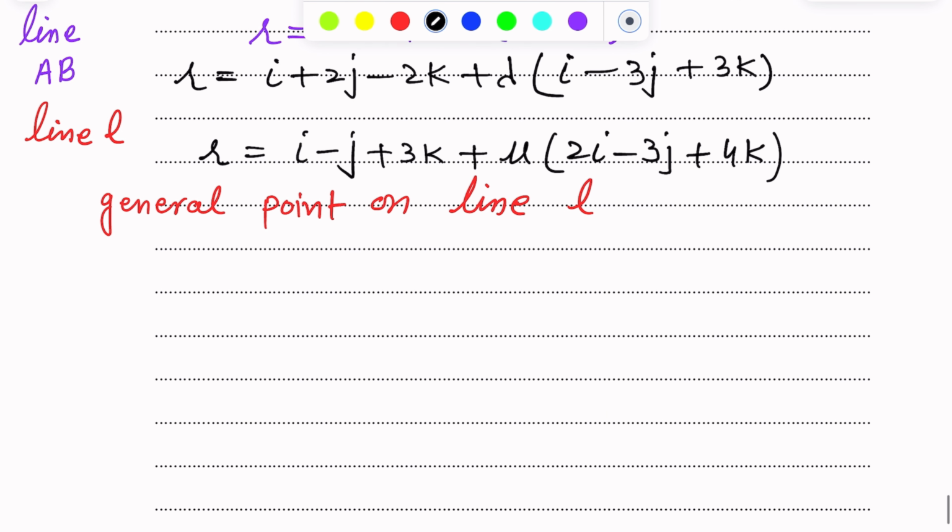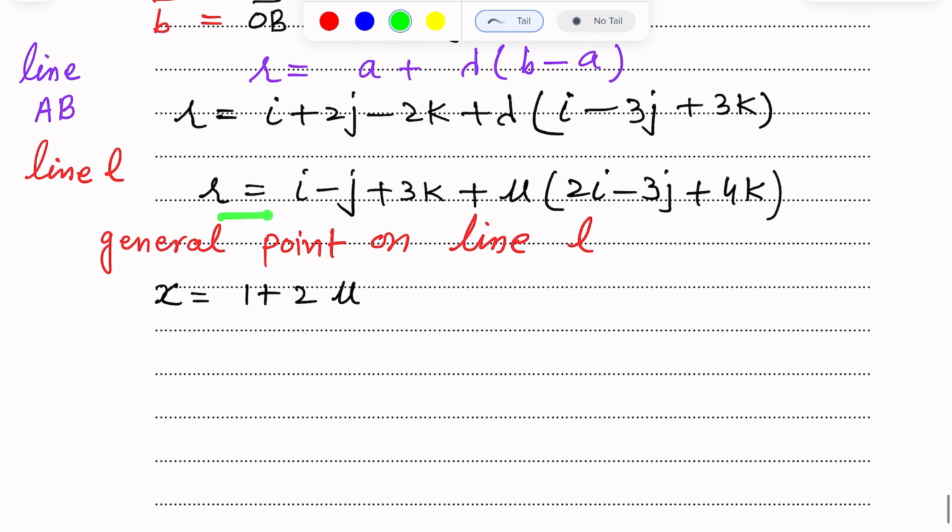x is equal to 1 plus 2 mu. We are comparing the coefficients of i, j and k from here. On the left hand side, coefficient of i is x. On the right hand side, coefficient of i is 1 plus 2 mu.